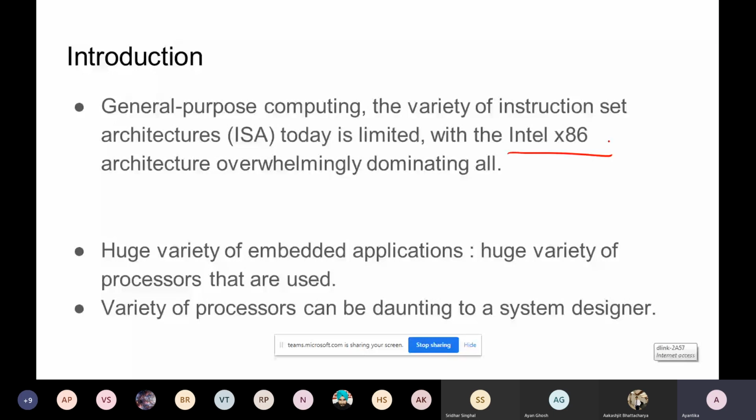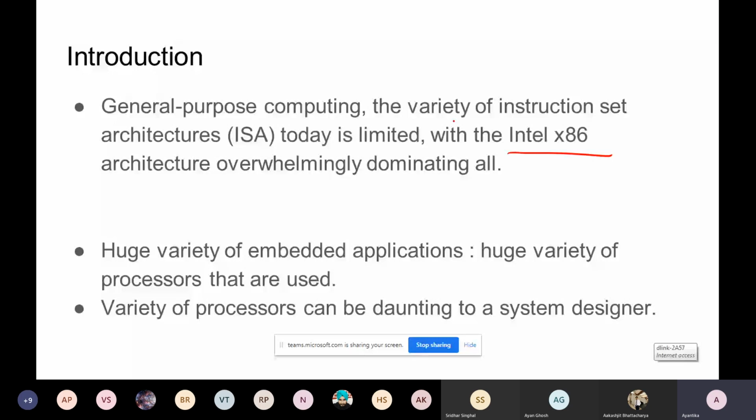But the general idea is we have two types of processors. One is the general purpose processor. For general purpose computing, what does it mean? It supports a variety of instruction sets.